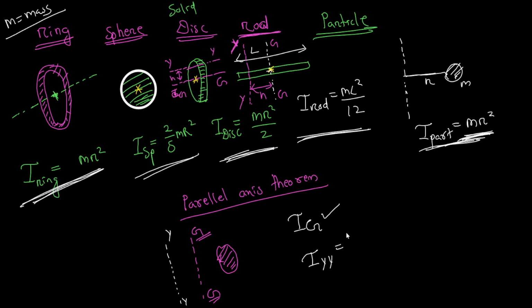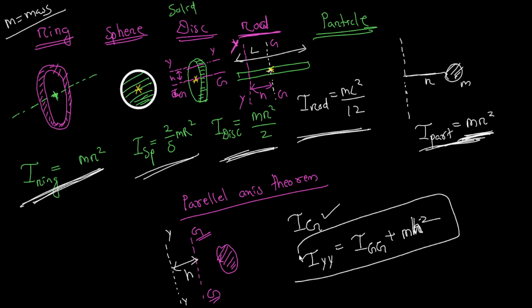You will take the mass moment of inertia about the center of gravity, Ig, whatever is known, then add the mass m of that object times the perpendicular distance between the axes, squared: mh square. That is the parallel axis theorem. If you know the mass moment of inertia about a certain axis, you can calculate it about the other.